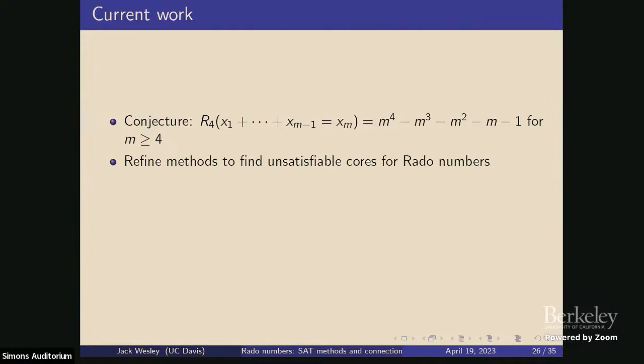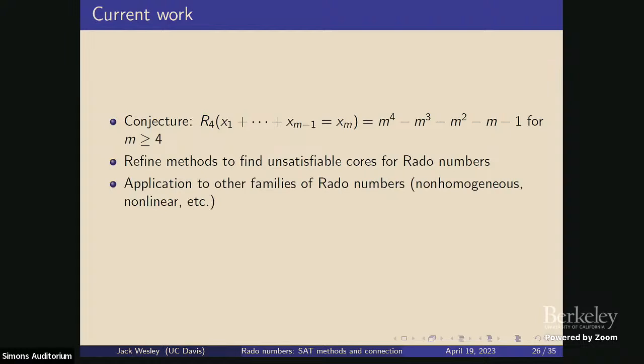But what we really want to do is refine these methods to find these sets S, these unsatisfiable cores. I said we don't really like the way we did it. Right now, we want to either find a better computational method, or use some math trickery to really describe these minimal sets.